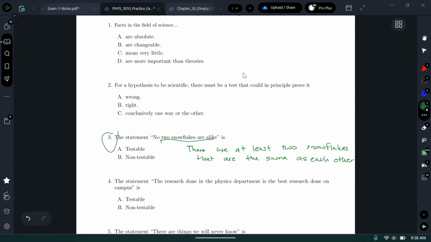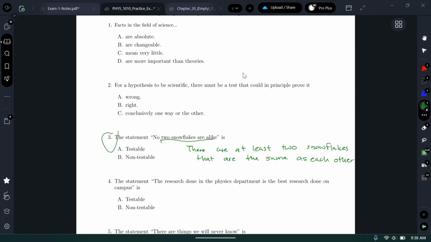So if we can find two snowflakes that are the same, then we're good. This is a testable thing. We can look for snowflakes until we find two that are the same. And that's not exactly like the alien thing because it doesn't require us to check every snowflake in existence. So that's the one that's testable, I guess.